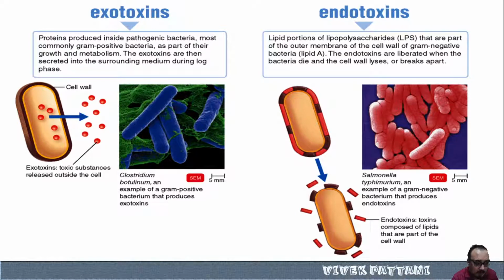Toxins are the primary factor contributing to the pathogenic properties of microbes. If you want to note down, please note down: the capacity of the organism to produce toxins is called toxigenicity. I am repeating the definition again: the capacity of the organisms to produce toxins is called toxigenicity.